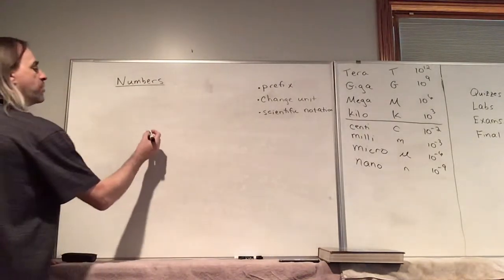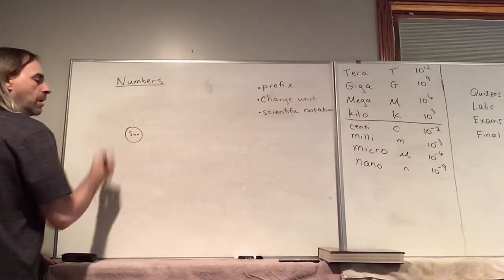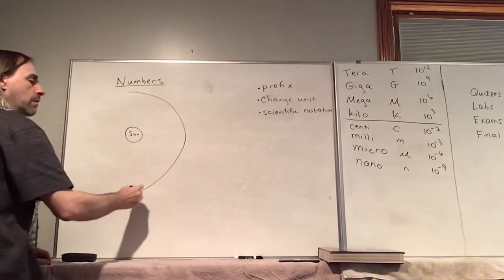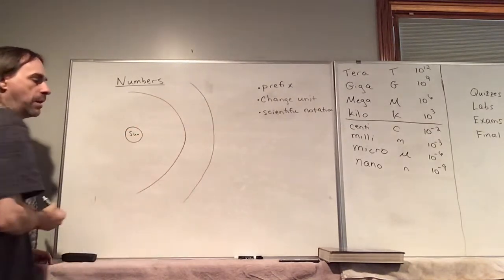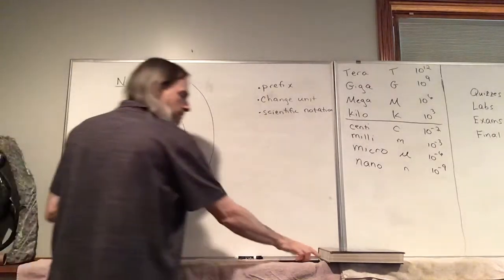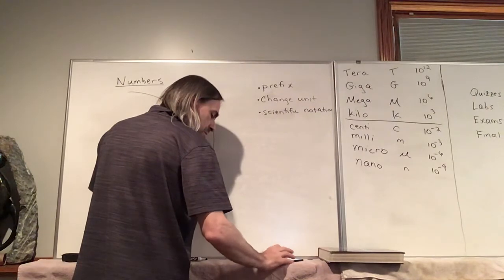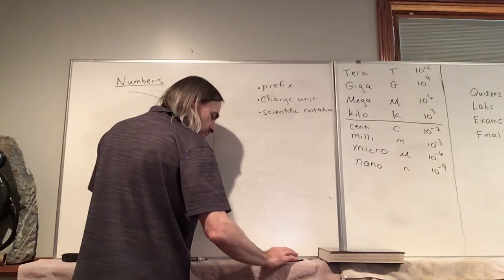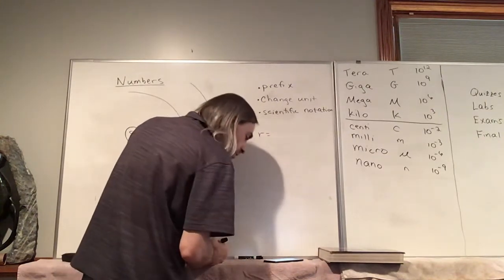Let me give you an example. Say we've got our solar system. Here's the sun. Here's Earth, Earth's orbit. And here's the orbit of Mars. I'm going to look up the radius of Mars' orbit in meters. Let's see.